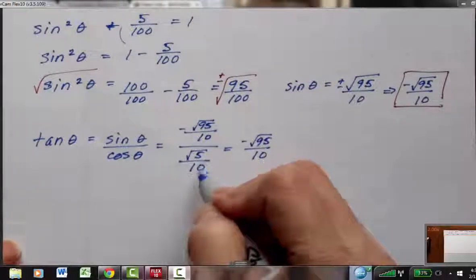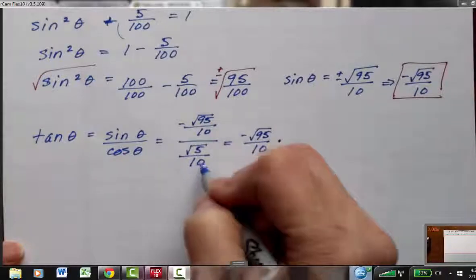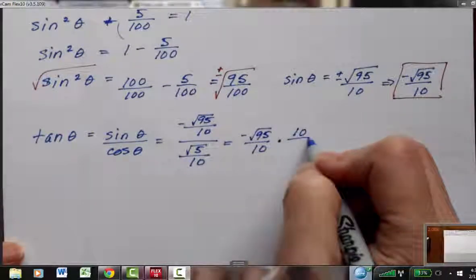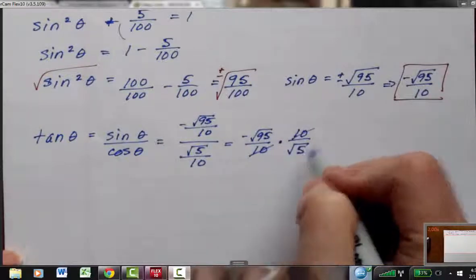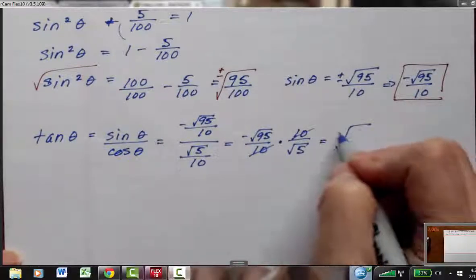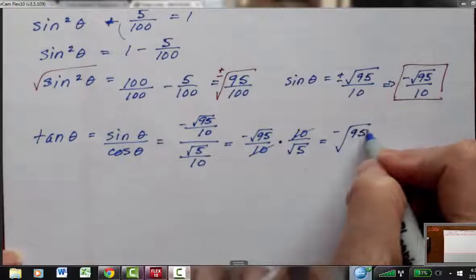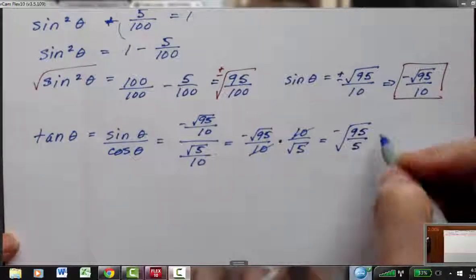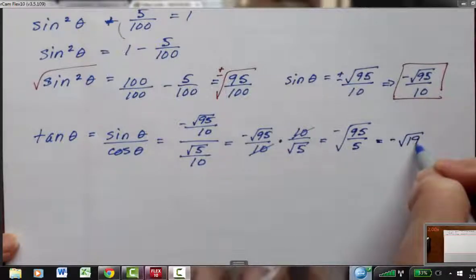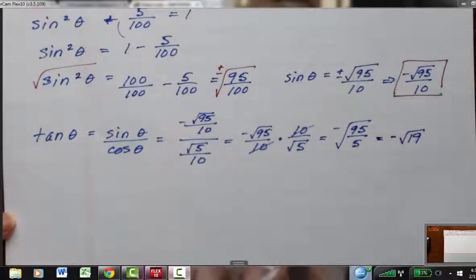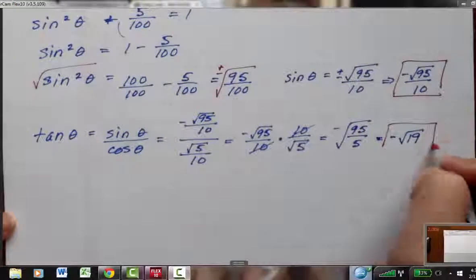Dividing by a number is the same as multiplying by the reciprocal, 10 over the square root of 5. The 10s are going to cancel out, and we're left over with negative the square root of 95 over 5, which ends up being negative the square root of 19. So tangent theta then is negative the square root of 19.